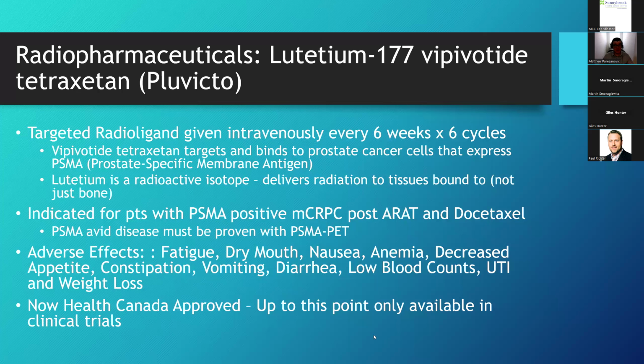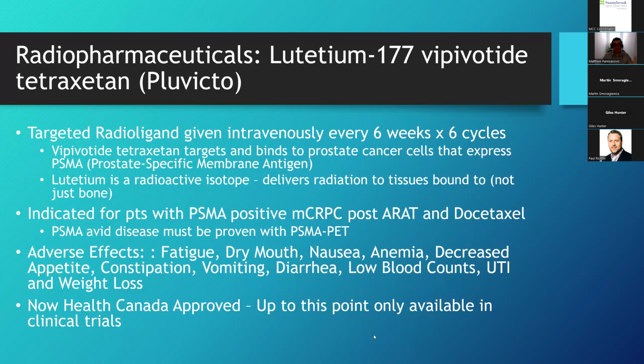It's indicated for patients that are PSMA positive post ARAT and docetaxel. PSMA avid disease must be proven on a PET PSMA scan. Adverse effects are similar to the previous. It is now Health Canada approved, but up to this point has only been available through clinical trials, and now, to my knowledge, a center in Montreal and British Columbia.